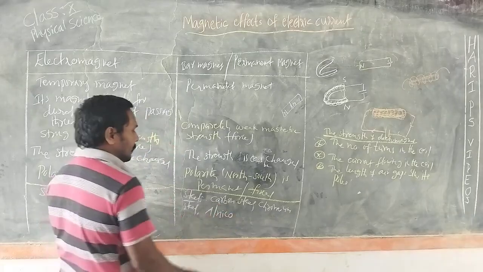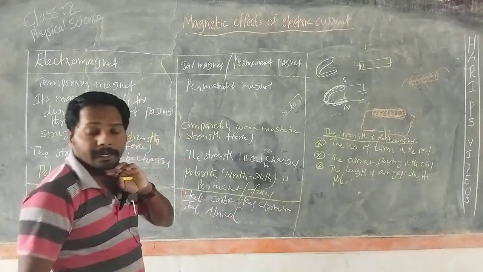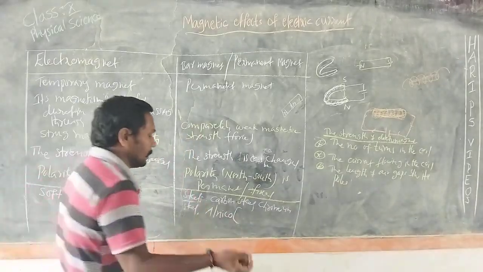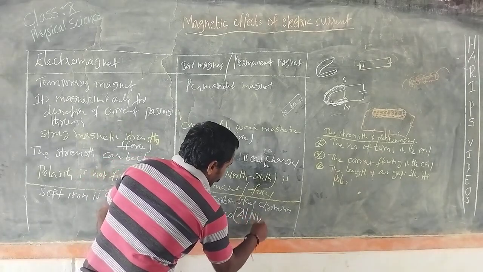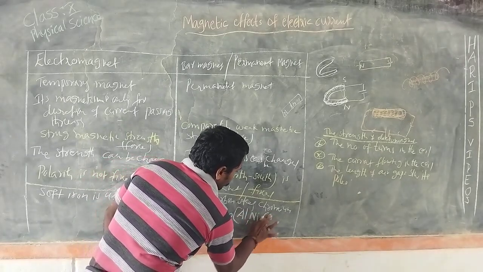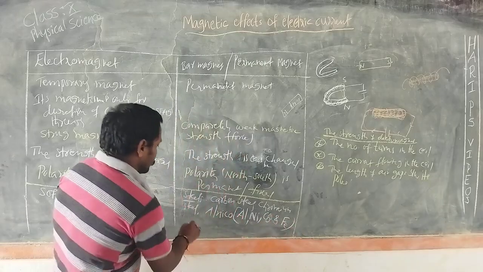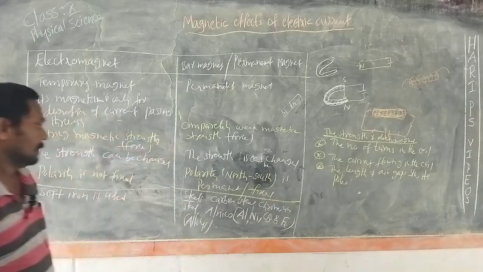Alnico is another kind of alloy. So alnico is the alloy of aluminum, nickel, cobalt, and iron. So these all are made of alloys.